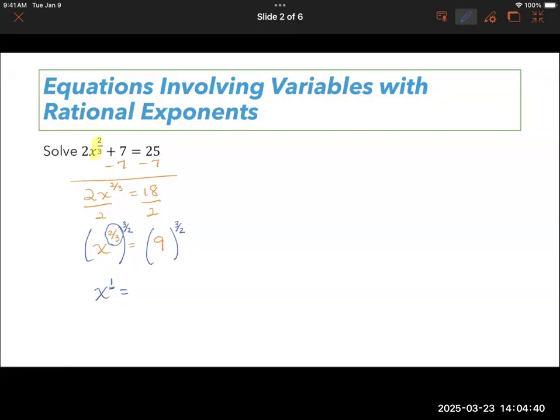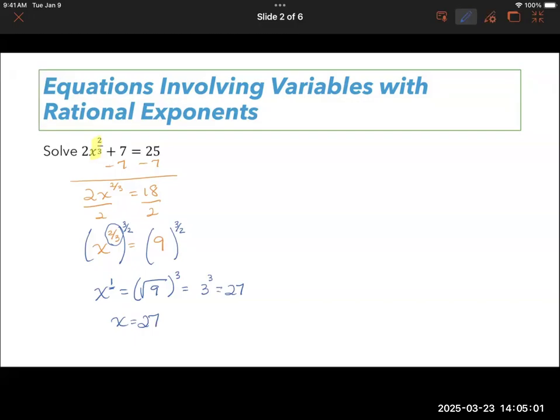Now we simplify 9 to the 3/2, which essentially means I'm going to square root 9 and then cube it. The square root of 9 is 3, so I'm looking at 3 cubed, which is going to give me a 27. So it seems that my solution is 27.